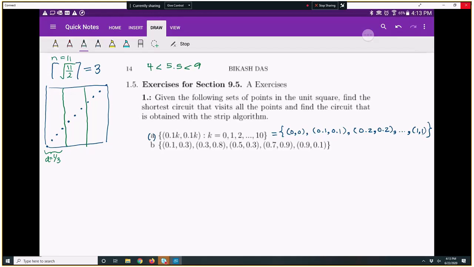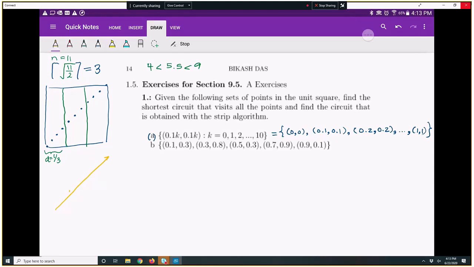And then the first phase of the strip algorithm tells me to start at the bottom left corner, and I'm trying to find a circuit that passes through all of the points of minimum length. Well, if I start in the bottom left corner at 0, 0, and I need to pass through all of the points and complete a circuit, which means I need to come back to 0, 0, then the shortest path is going to be to just go up the diagonal and then back down the diagonal.